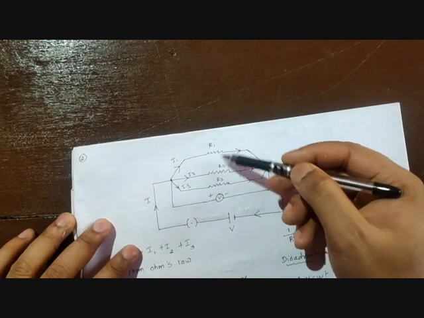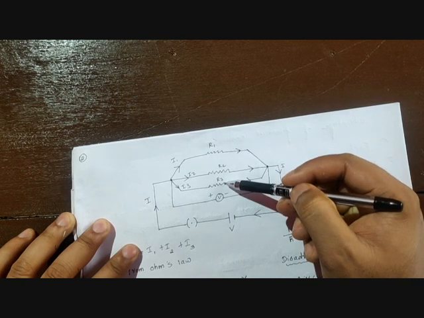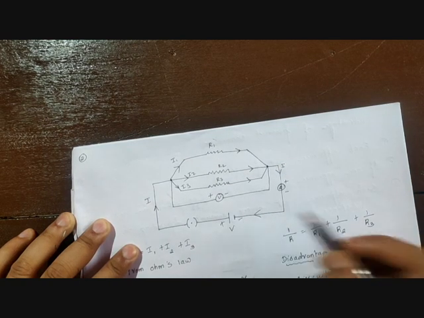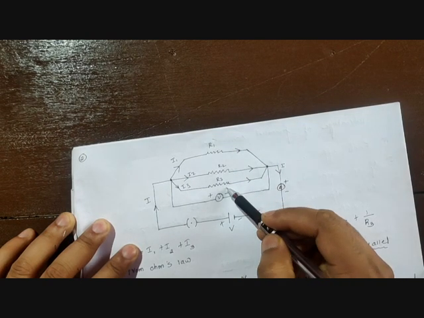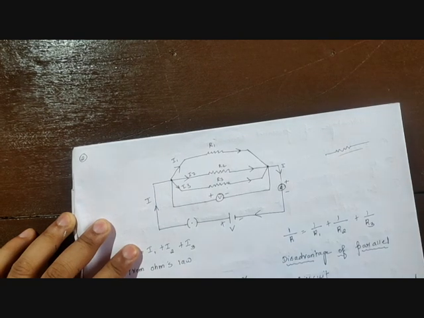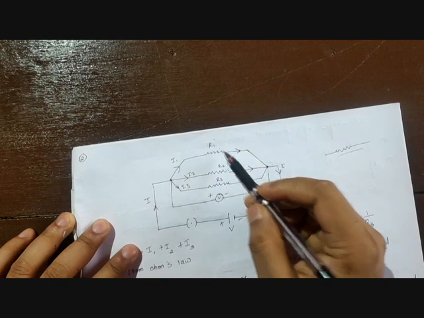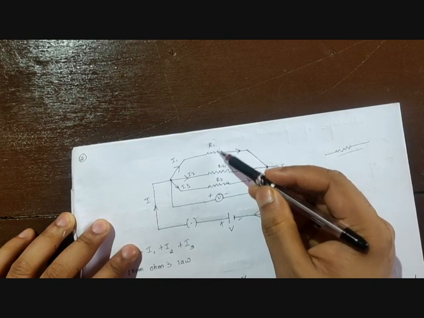We are using 3 resistors, right? One resistor, 2 resistors. Remember, this is the symbol of resistance. First resistor, second resistor, third resistor, they are connected one after another. This is called parallel connection.